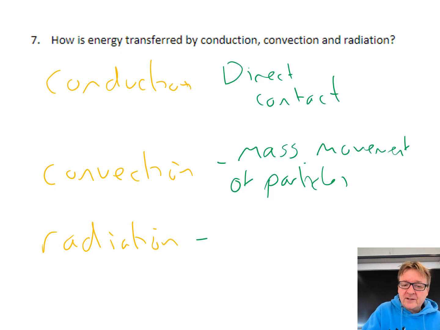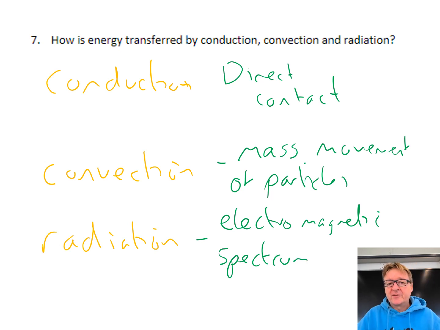Radiation is anything from the electromagnetic spectrum. A good example is if you're sat in front of a fire, you can feel it. It's not by conduction because you're not touching it. It's not by convection because convection tends to be above. It's the infrared coming out of it, which is your radiation.